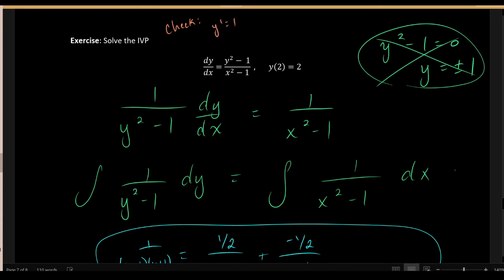And if I set y equals x on the right-hand side of the equation, I get x squared minus 1 over x squared minus 1, which is also equal to 1. If I have the function y equals x, and I plug in x equals 2, then the result is that y would also have to be 2. Therefore, y equals x satisfies all the conditions of the differential equation, and so y equals x is our solution.